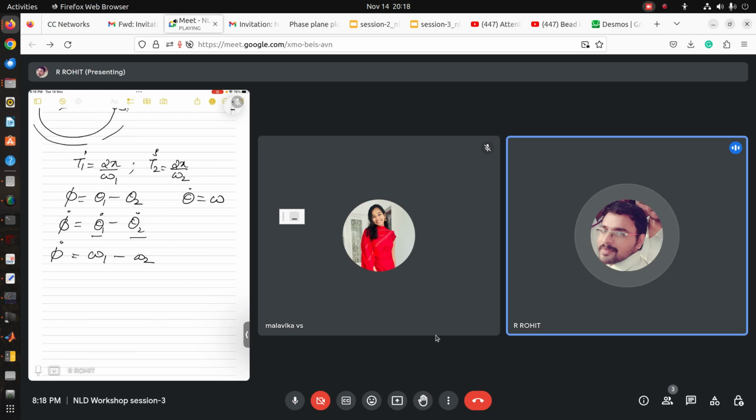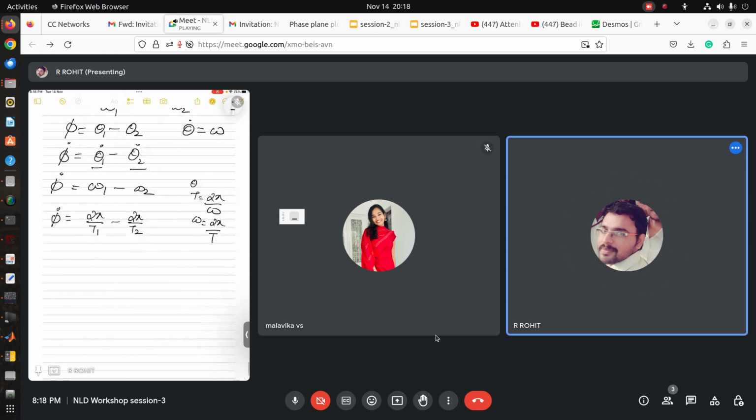Now if you try to substitute this, we were saying that T is nothing but 2 pi by omega, and now omega is nothing but 2 pi by T. So phi naught is nothing but 2 pi by T1 minus 2 pi by T2, and this phi naught is the phase difference between them.